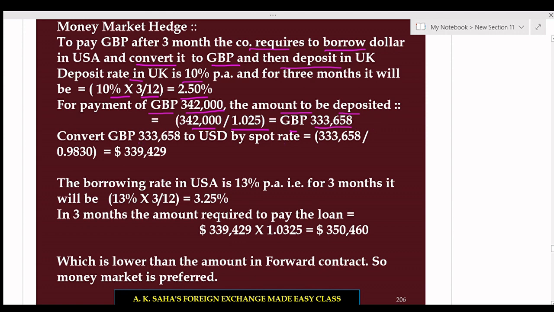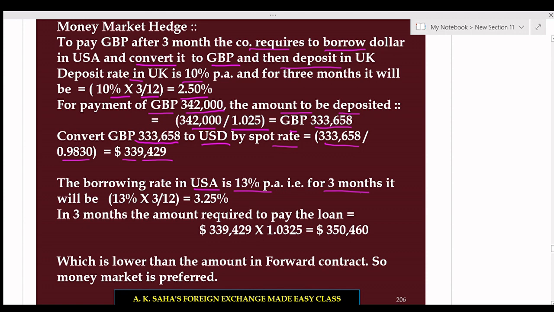Convert this GBP 3,33,658 to USD by the spot rate, that is 3,33,658 divided by 0.9830, the bid rate, which is equal to $3,33,429.